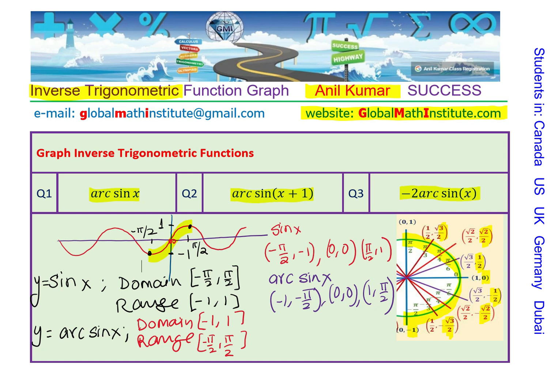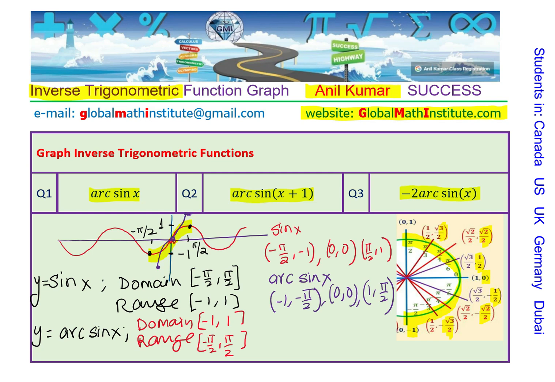So now let us plot these points. Minus 1, minus pi by 2 will be kind of here. 0, 0 remains there itself. And 1, pi by 2 will be, let's approximately put it there. So the graph will become kind of like this.